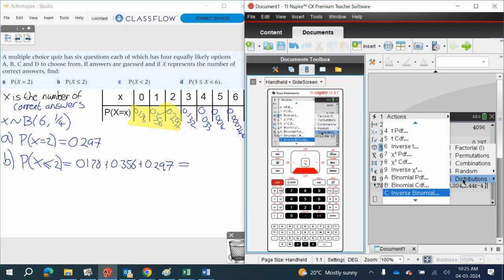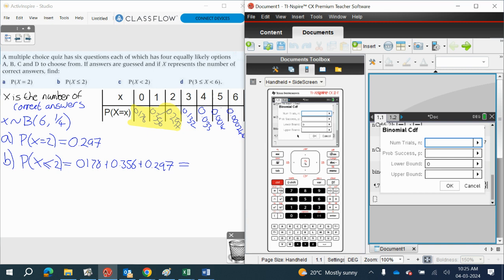C is when you want a collection of numbers, a cumulative probability. So if you're collecting the numbers together, that's C. Here we have the cumulative probability of 0, 1, and 2. If you're collecting numbers together, you use the CDF.